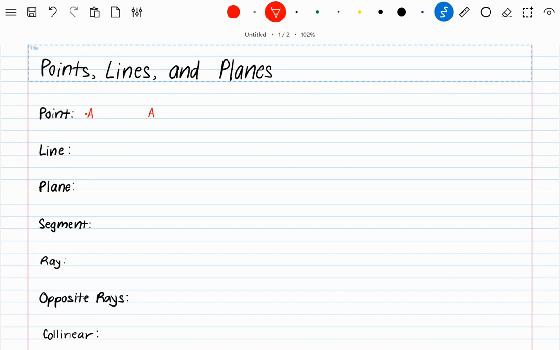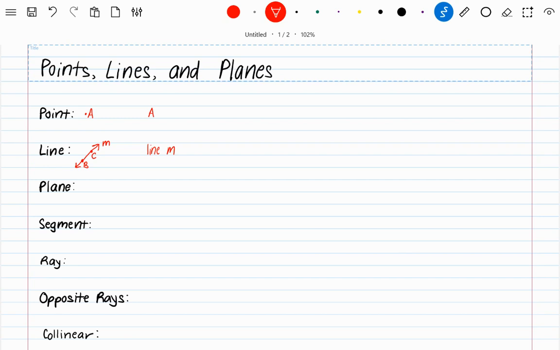A line is represented by a straight path that extends in two opposite directions without end and has no thickness. To name a line, we can use a single cursive letter that is lowercase.